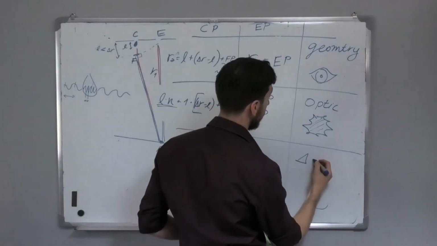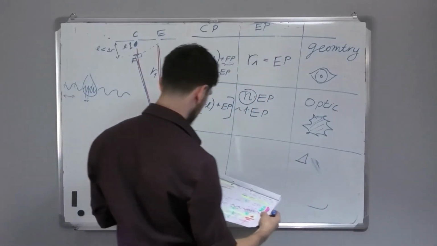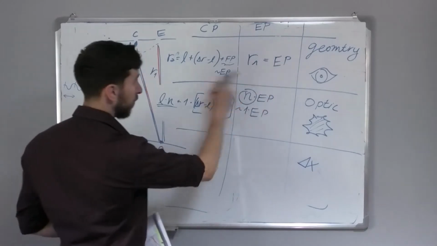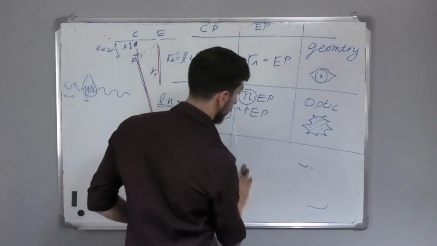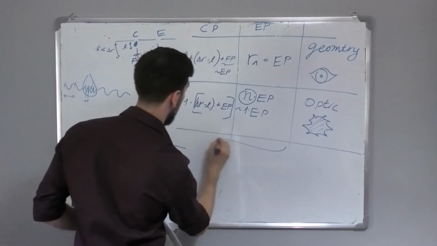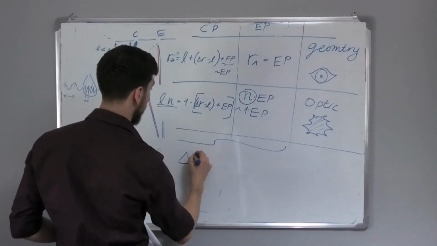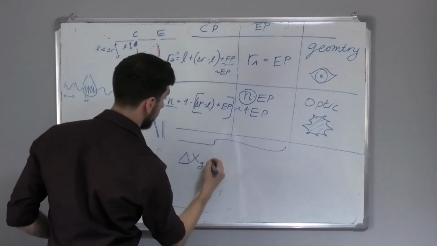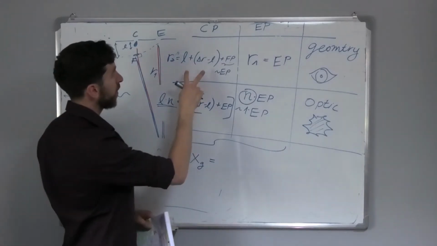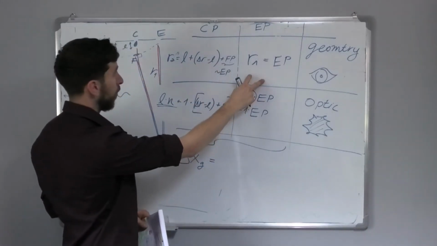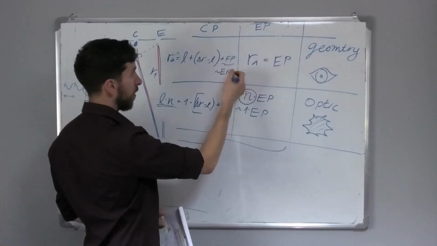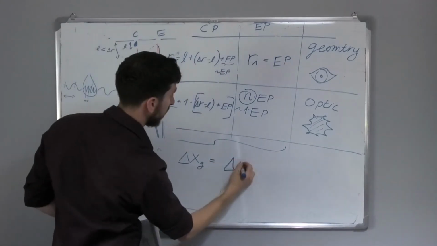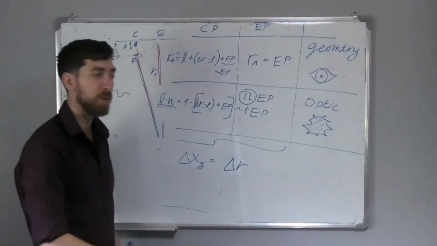Let's talk about the delta in the distance. What is the delta between both of them? We can talk about delta x, the difference in the trajectory, the path that they took, from a geometry point of view. If I subtract one from the other, EP falls out, L falls out, and I'm left with delta R. That is the difference between the two paths.